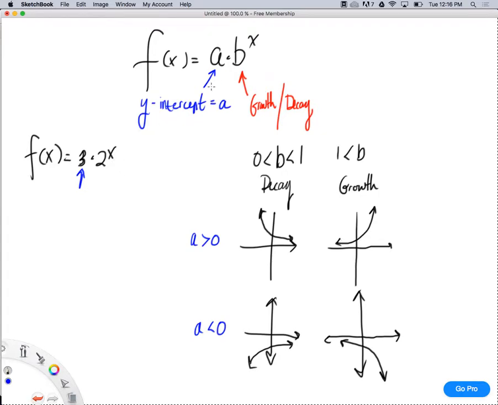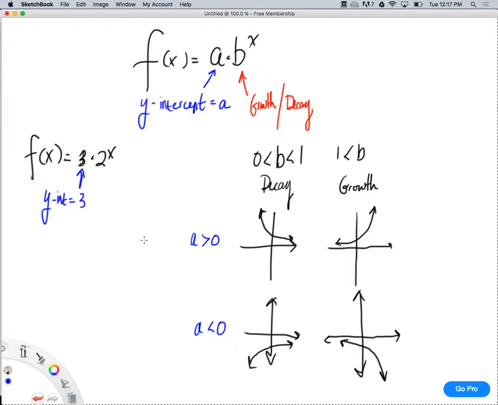The y-intercept is 3. This 3 doesn't tell you that there's growth. This is a. So what this tells us is the y-intercept is equal to 3. Now, if you're looking at 4 different graphs, and you already know that the y-intercept is 3, you can probably eliminate some, right? You can look at them and say, oh, this one's got a y-intercept of 2, this one's got a y-intercept of negative 3, this one's got a y-intercept of 4, whatever it is. But I can eliminate that because I know my y-intercept is at 3. Does that make sense?